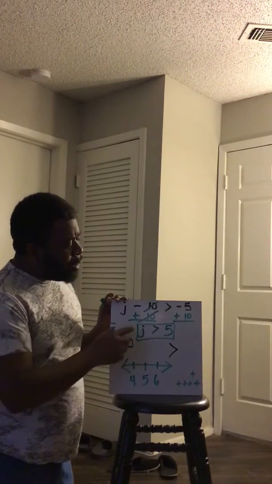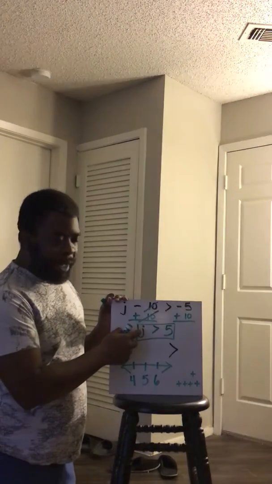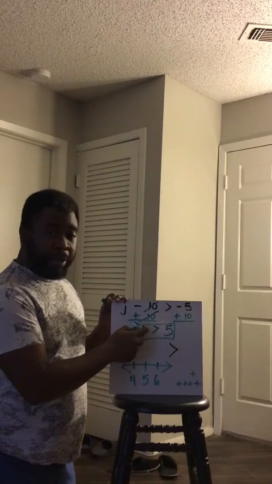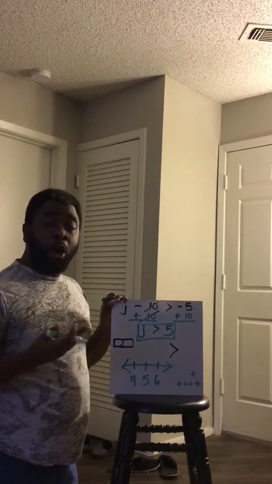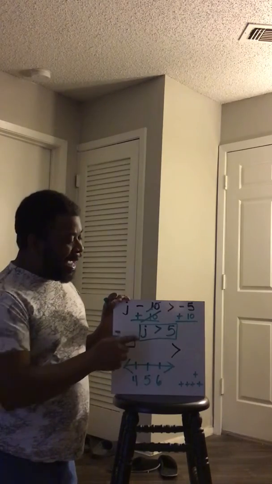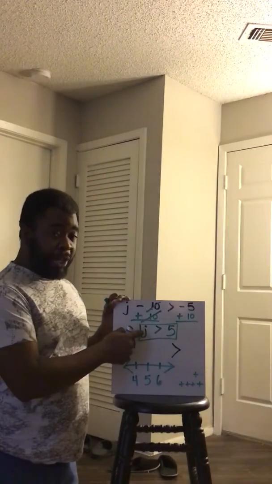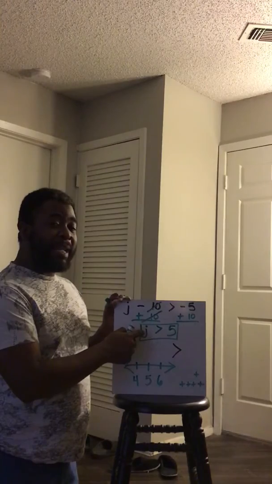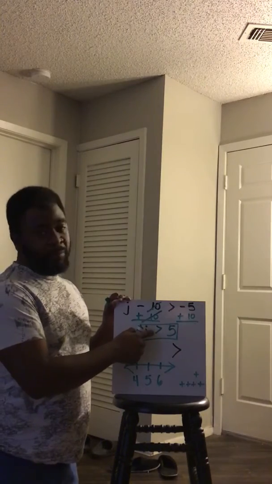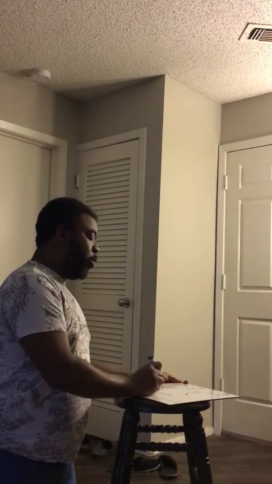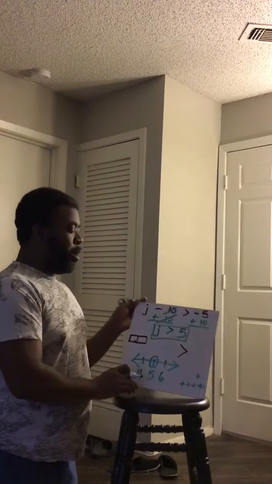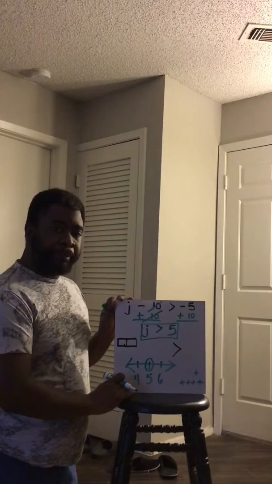We need all numbers, so any number that J is has to be greater than 5. So that's going to be an open circle because I can't have a 5 for J. So that means it needs to be any numbers that are bigger than 5, but it cannot include 5. So we put an open circle on the number 5.